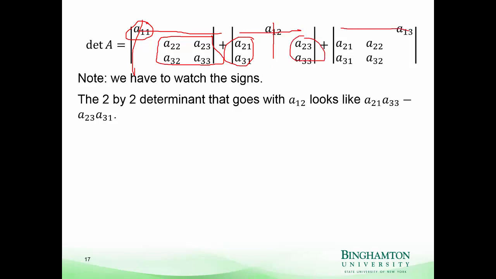Then we nuke everything here and take the remaining 4 elements as a 2 by 2. And so we can see that the 2 by 2 determinant that goes with A12 would come from these 4 elements, and we would think that it's going to be A21 times A33 minus A31 times A23. So that's what the determinant of that looks like.